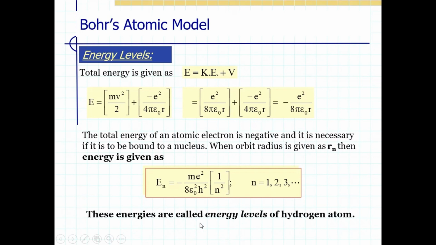So these energies were called the energy levels for the hydrogen atom, and energy levels were measured in terms of n, which is the principal quantization for the states. The electrons can have states.